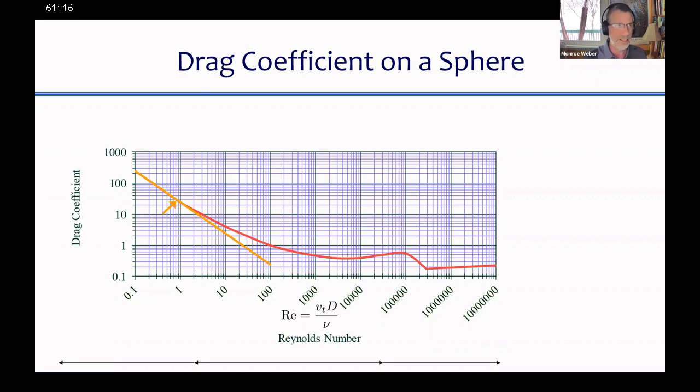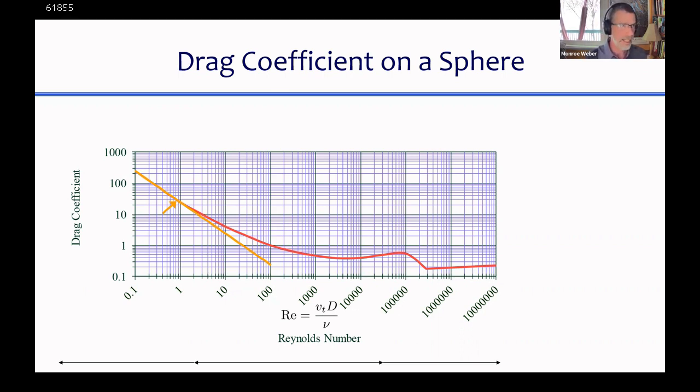In both cases, it acts completely different in laminar than it does in turbulent. And in both cases, it flattens out at high Reynolds number, with the added complication that there's a little bump in this curve out around like 100,000. It's high, and then it drops down by the time it gets to about 300,000.